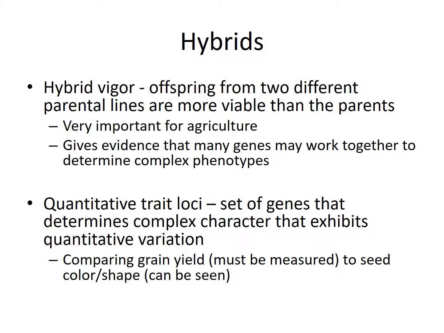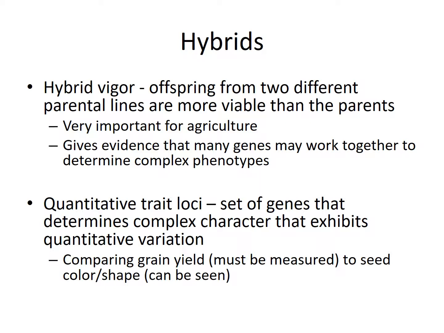And when we use quantitative trait loci, we're going to be measuring something. So like in agriculture, we compare how much grain is happening in a field as opposed to just counting seed shape and looking at very specific things, because again, it has to do with how the different genotypes interact to create a complex phenotype, which I know gets a little bit confusing, so just focus on the word quantitative.